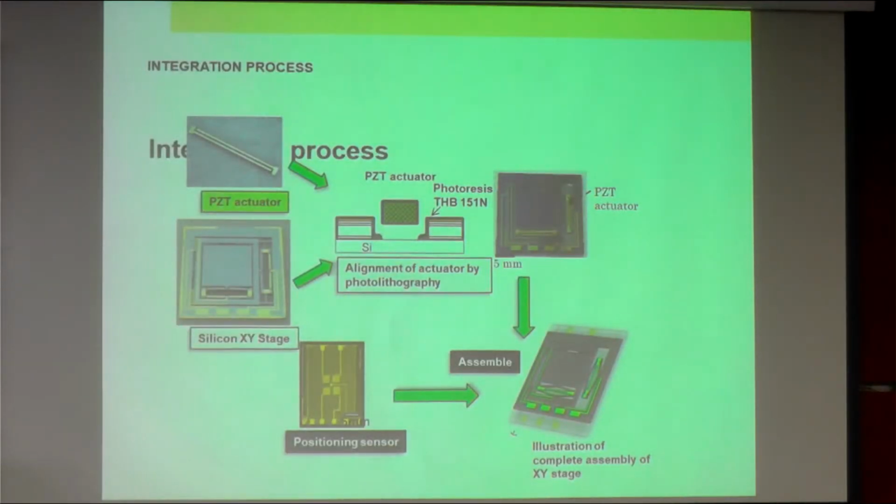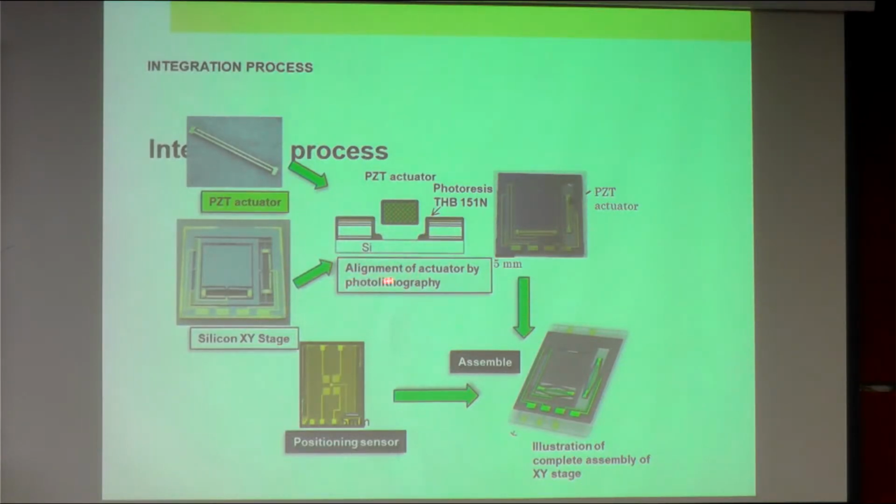So how can this be done? For the process of integration, we have a piezoelectric actuator, then a silicon XY microstage, with a positioning sensor at the back. A way to position the actuator onto the stage is crucial in order to place it in the right place.